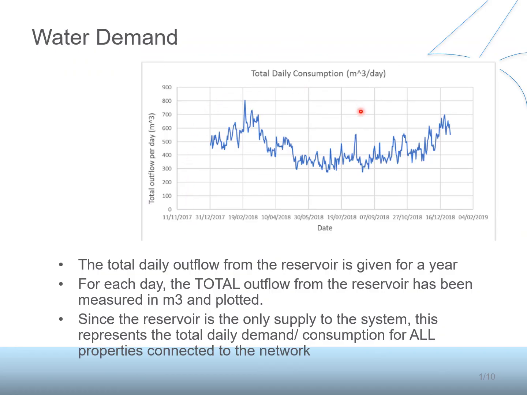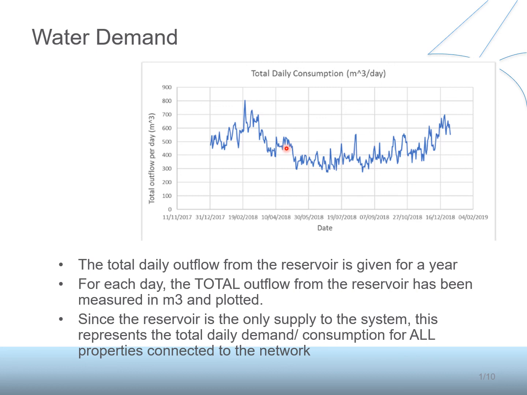This is an actual water supply from a reservoir to a township for 1 year. The figure shows the daily water outflow from the reservoir. In this community, they have only one reservoir, which means the values represented here are the total daily consumption by all the properties connected to that network.